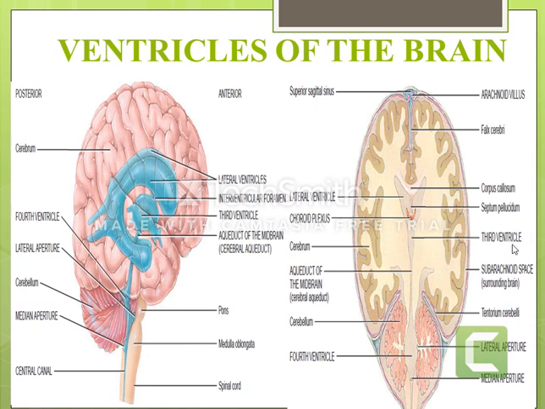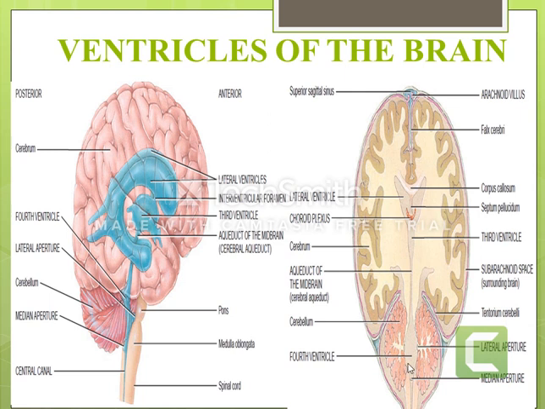Then comes the 3rd ventricle. This is the 3rd ventricle portion. It lies below the lateral ventricle and is connected with the 4th ventricle by the aqueduct of the midbrain. Then the 4th ventricle. The 4th ventricle is basically diamond shaped and lies below the 3rd ventricle.